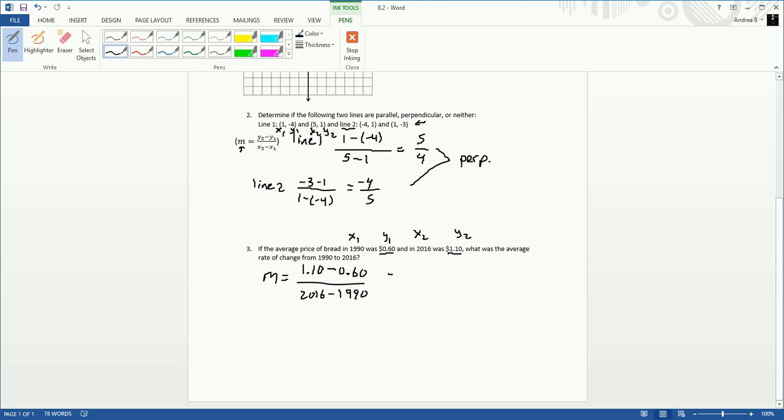So again, these are not necessarily the right values for what the prices were on average. These are just values that I made up that might be the values there. So we have 50 cents on the top for the difference and 26 in the bottom in the denominator. And then if we simplify that, you should get 1 over 52.